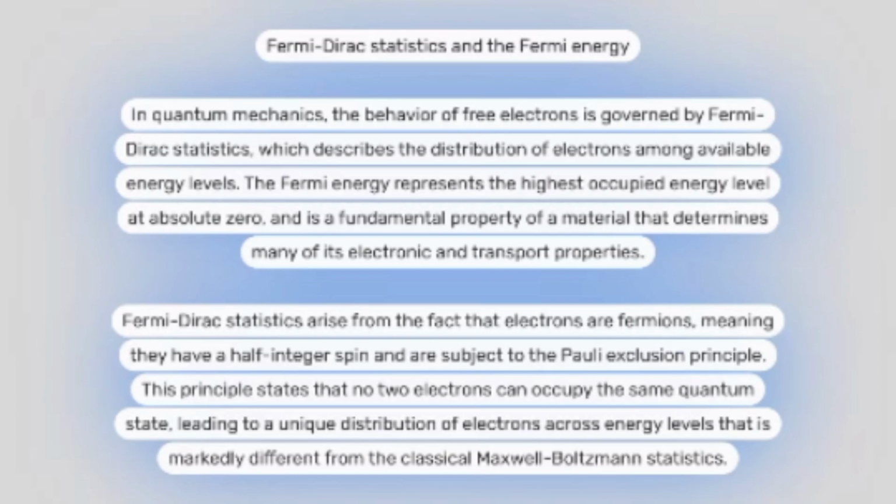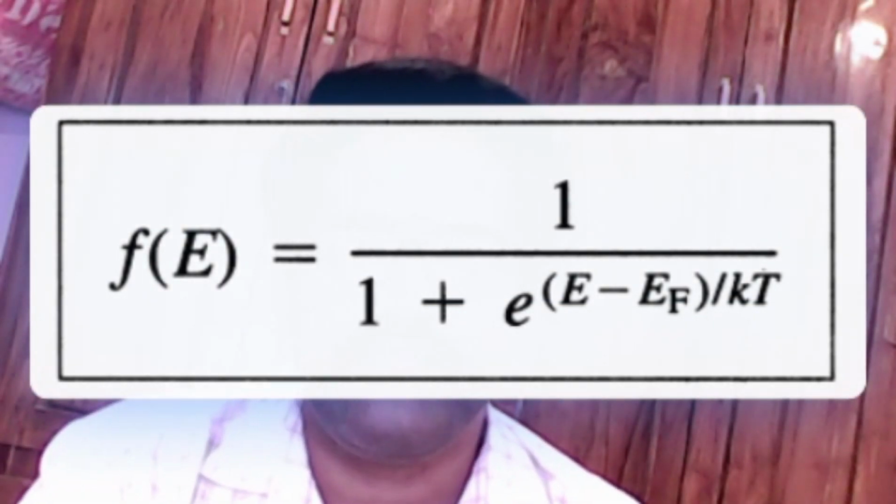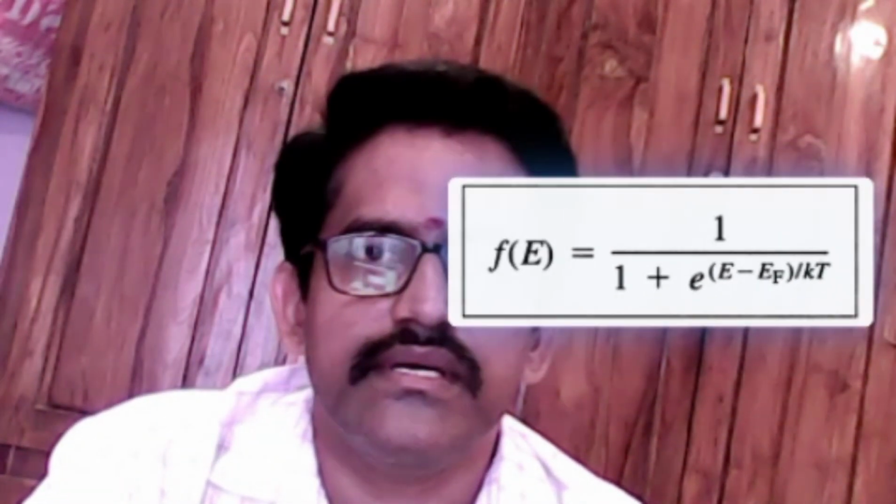We know that no two electrons have the same quantum numbers. So each electron has its discrete energy level. So this formula indicates the Fermi distribution function, that f of E is equal to 1 by 1 plus e to the power of (E minus EF) by kT.